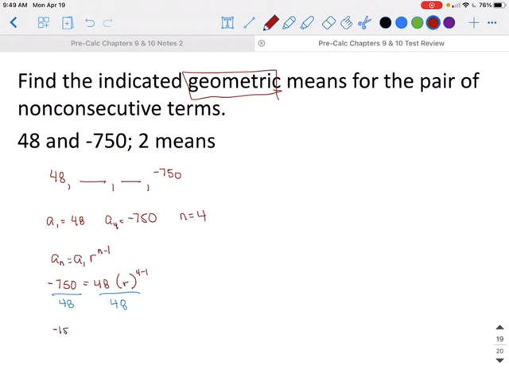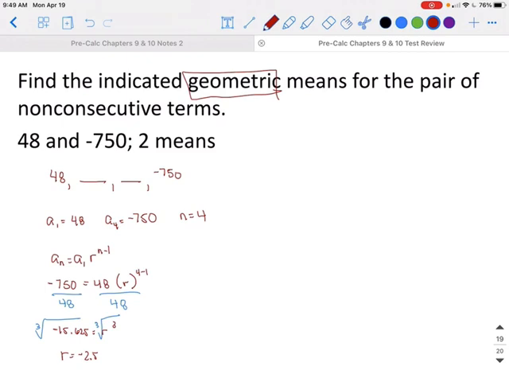And this is going to give us negative 15.625 is equal to r raised to the third power, because 4 minus 1 gives us 3. To get the r by itself, we will take the third root of both sides, and that will leave us with r is equal to negative 2.5.